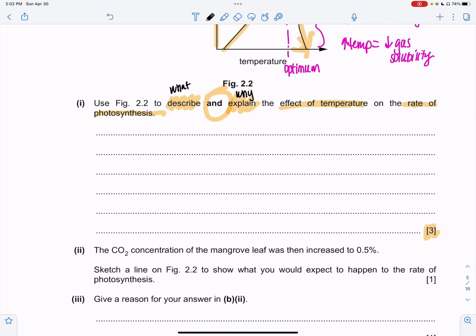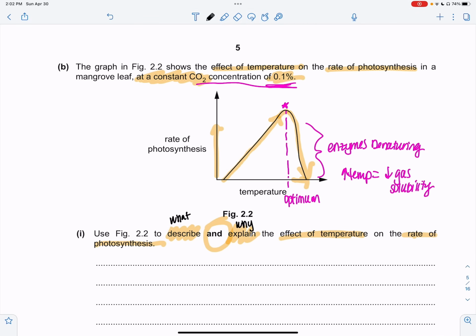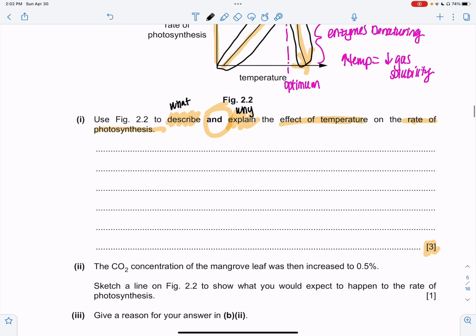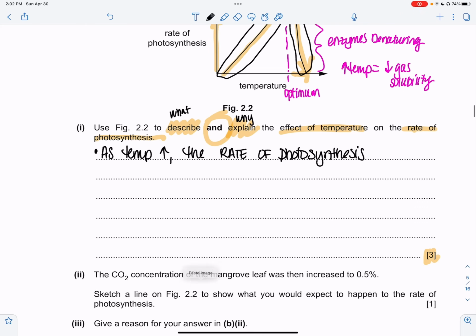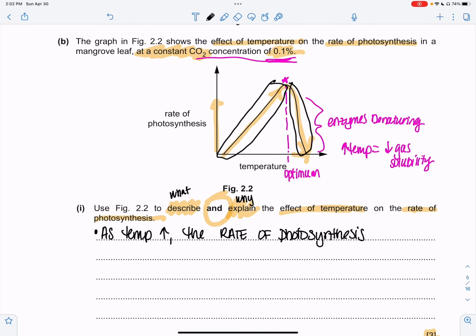All right, so we need to go with describe what we see. We need to take care of this first part. It's increasing, why, and then what happens down here. So as temperature increases, the rate of photosynthesis increases, and you're able to actually discuss or state this entire trend initially, but then you just need to make sure you talk about why it does increase and then why it does decrease pretty quick.